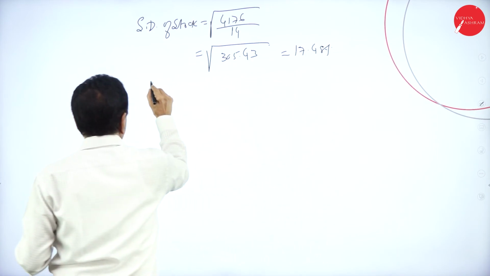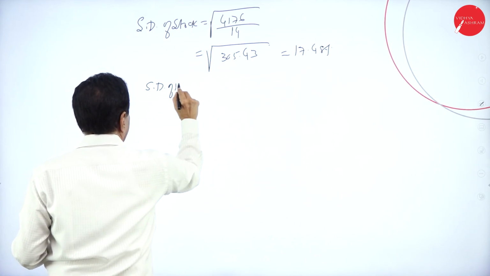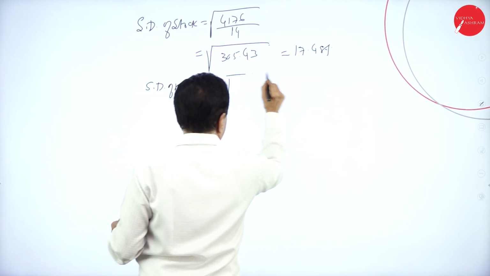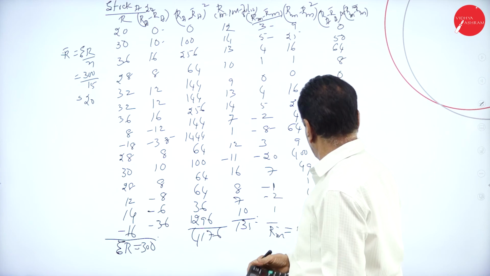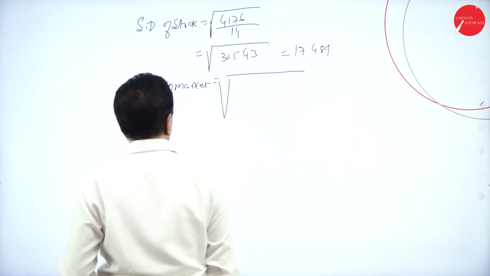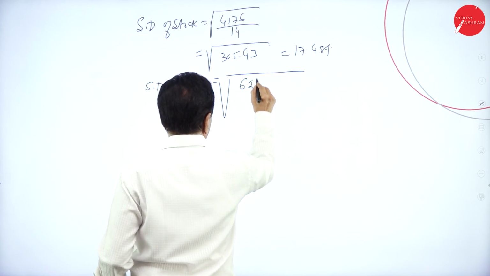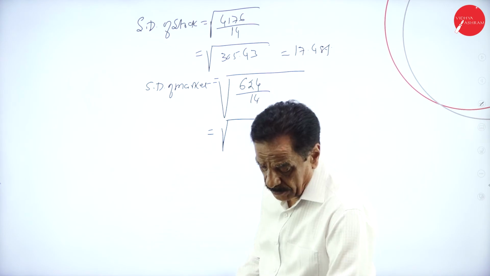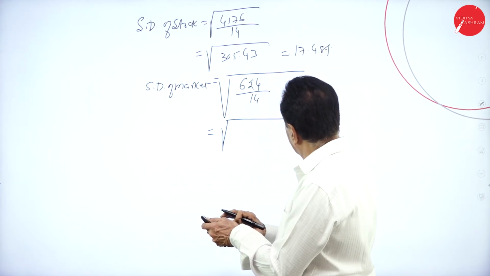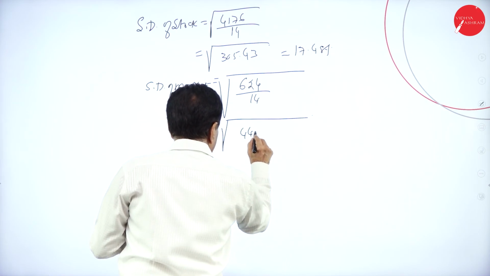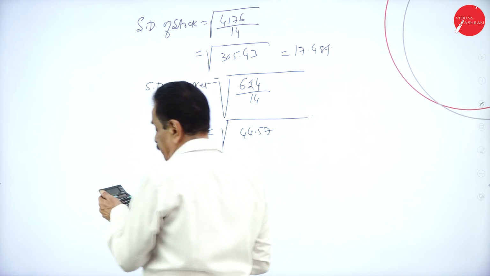The standard deviation of the market is the root of RM squared, 624 divided by 14, which is 44.57.